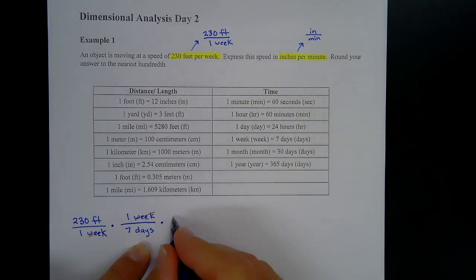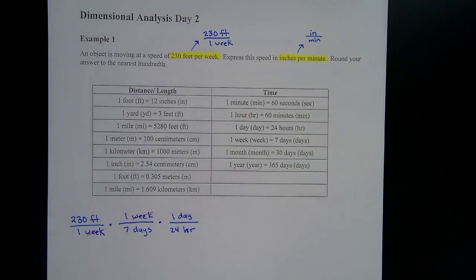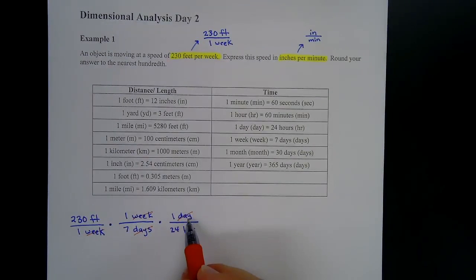So, times 1 day over 24 hours, and I'm going to use HR for hours. Now this day cancels with this day, and that's why I put days on top here: the only way to cancel is to have day over day. If you multiplied it, it would be day over day, which makes a 1.